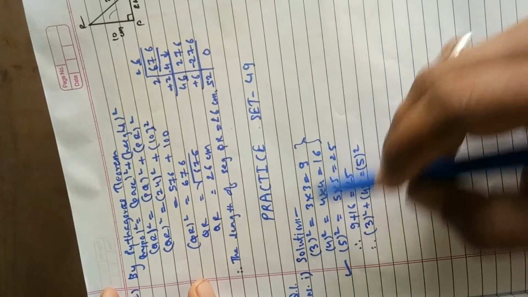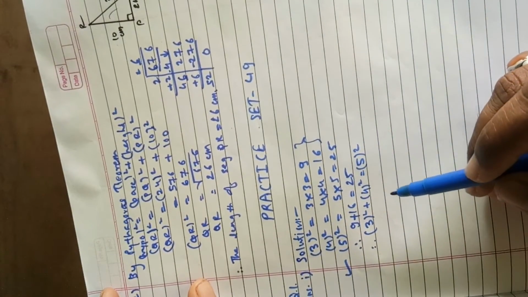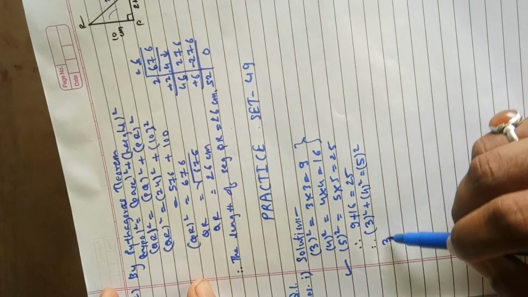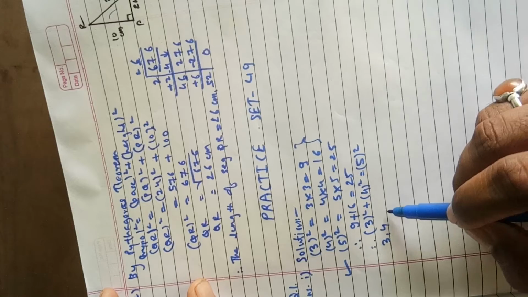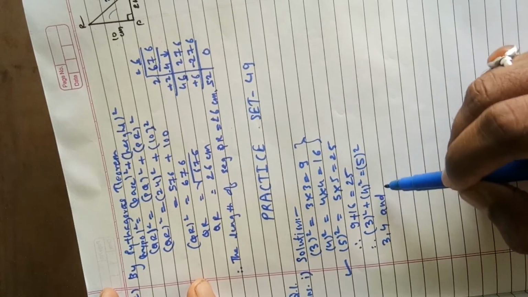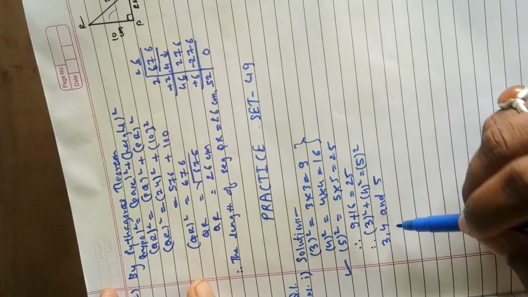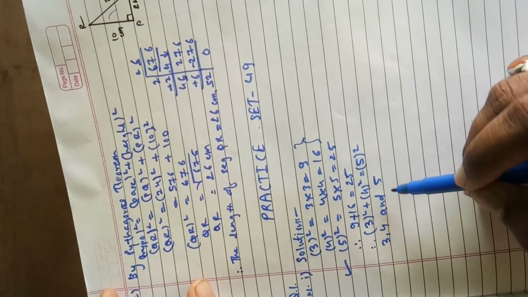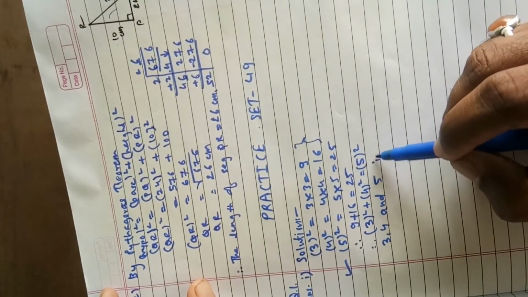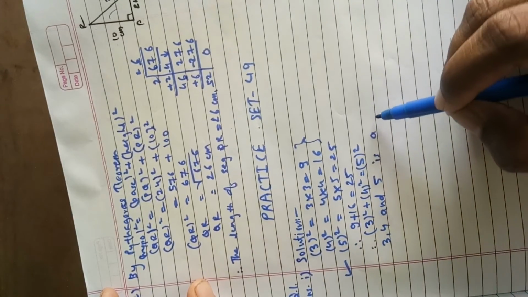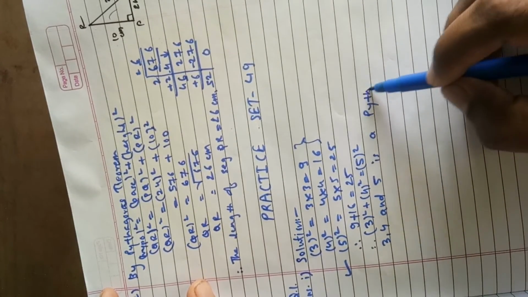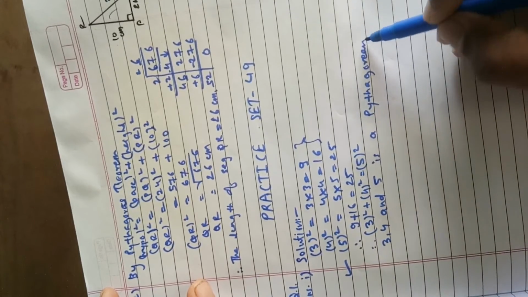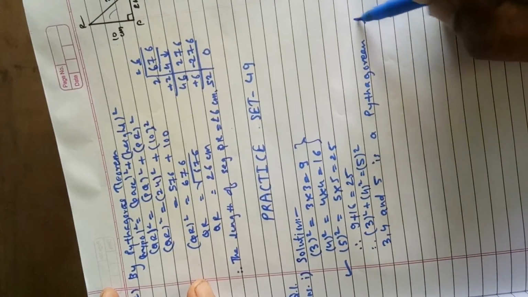So if this is the condition, then at last you write here 3, 4 and 5, these integers that were in the question, 3, 4 and 5 is a Pythagorean triplet.